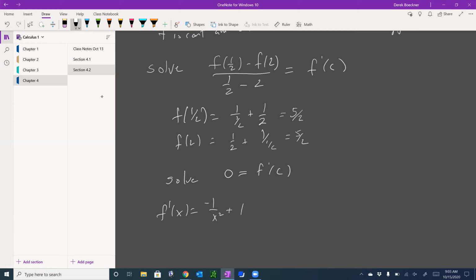And f prime of x equals minus 1 over x squared plus 1. We want that to equal 0.